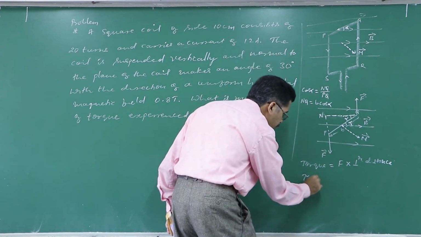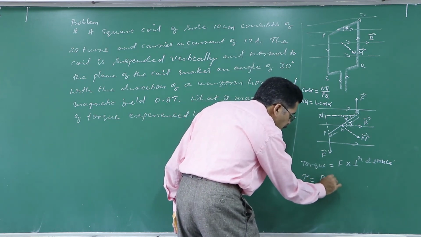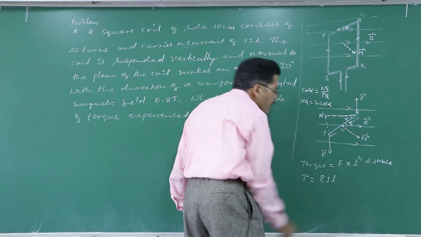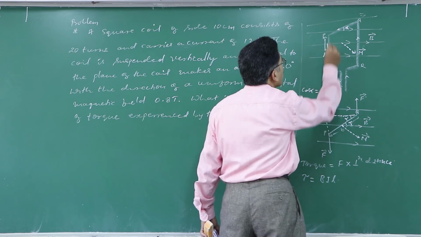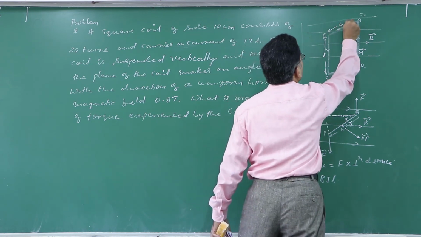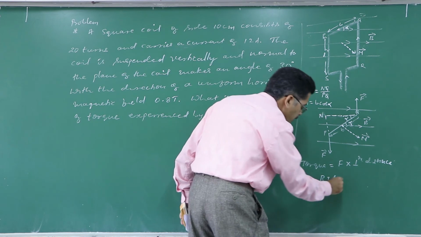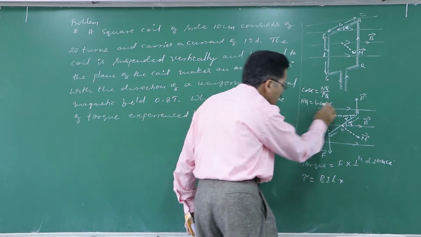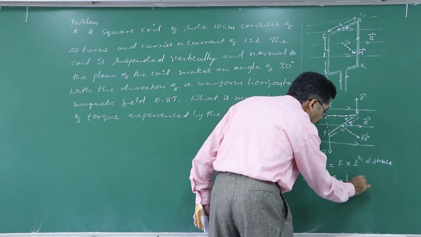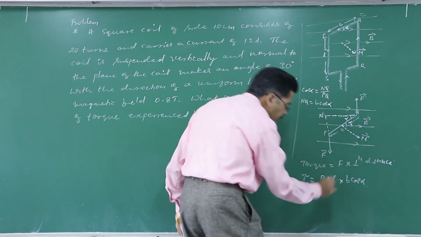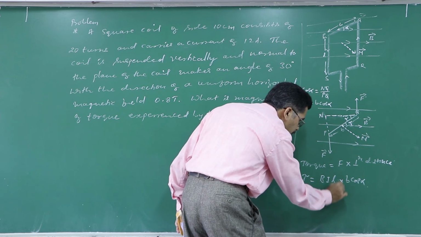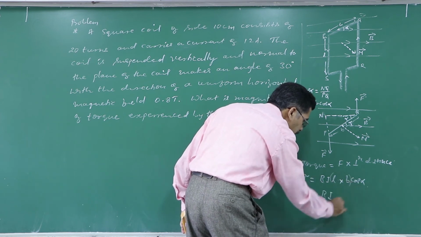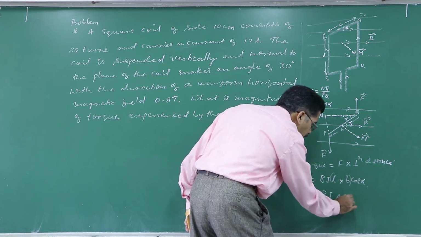Torque tau is equal to B into I into l. This is length, this is breadth, and the perpendicular distance here is b cos alpha. l into b gives you area. So it is B into I into A, cos alpha.